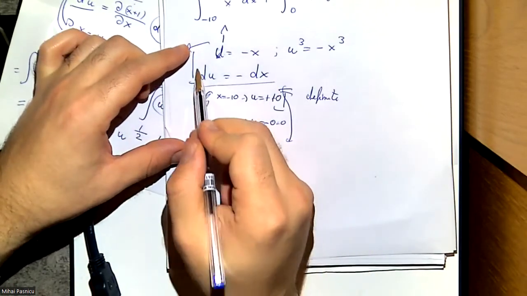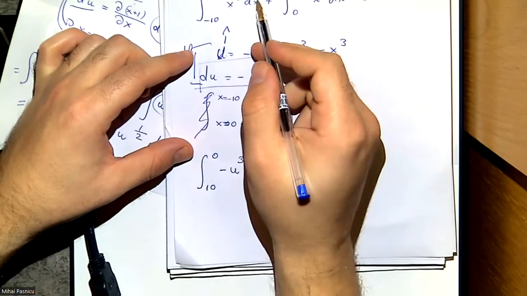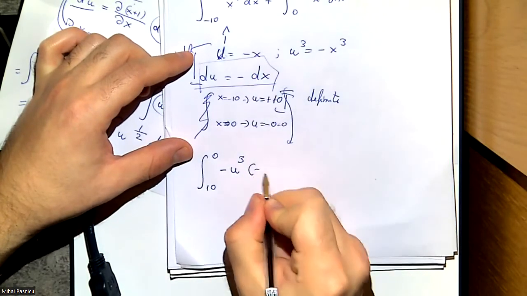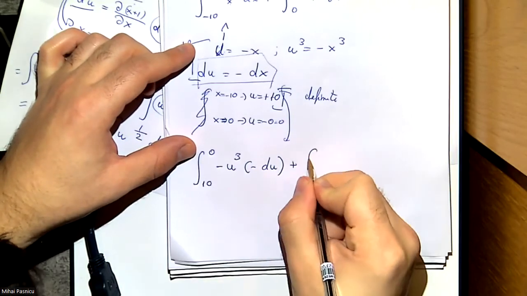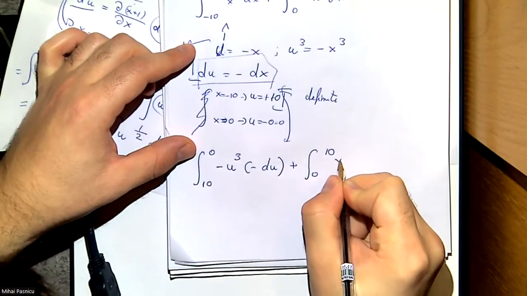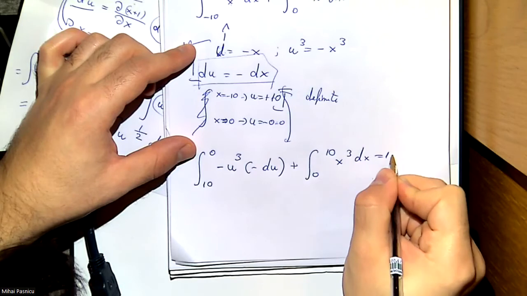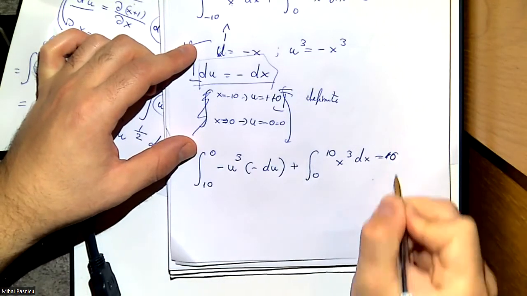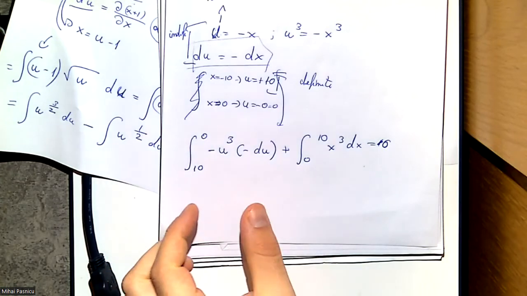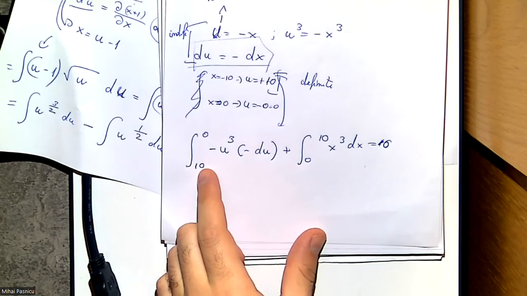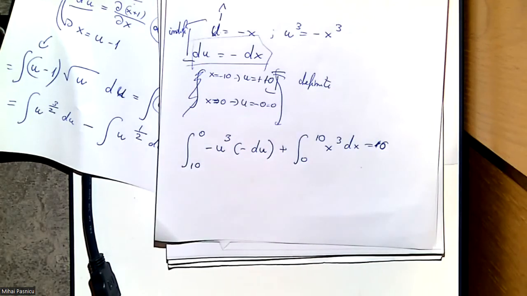I know that du is equal to -dx, so I replace dx with minus du, plus the integral from 0 to 10 of x to the third dx is equal to 0. Everyone follows? So the only thing that's different in the definite case is the fact that I need to change my limits of integration. That is the only thing that changes.